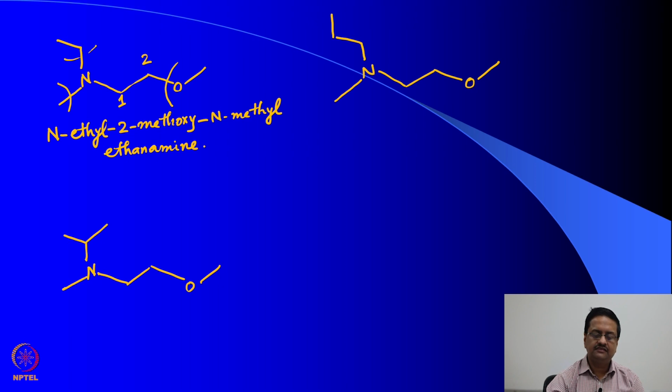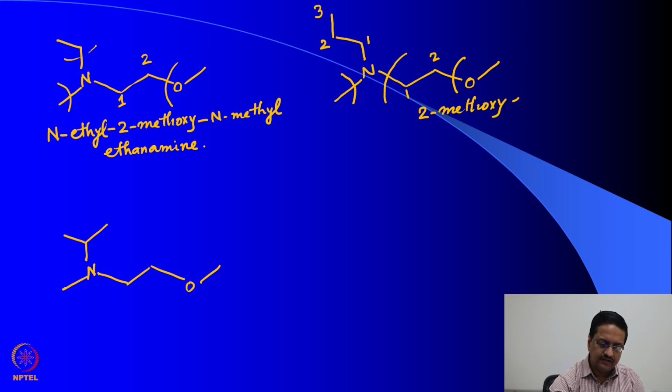In the second case, on the right hand side, we have a 2 carbon chain, and here there is a 3 carbon chain. This 3 carbon chain gets priority, and that makes this propanamine instead of ethanamine, and we have this group as a substitution on nitrogen and that group as a substitution on nitrogen. So, we write the name of this group as 2-methoxyethyl. This group is methyl.